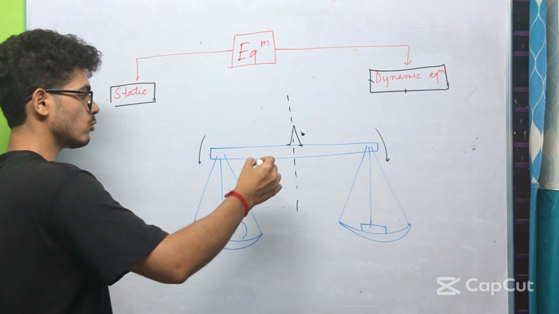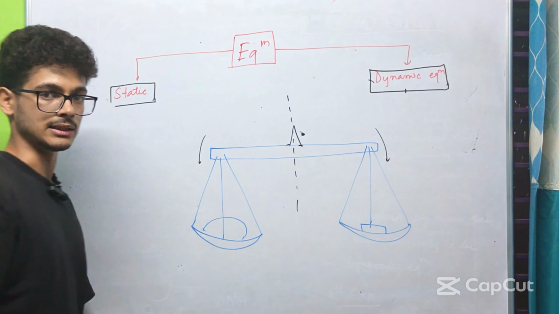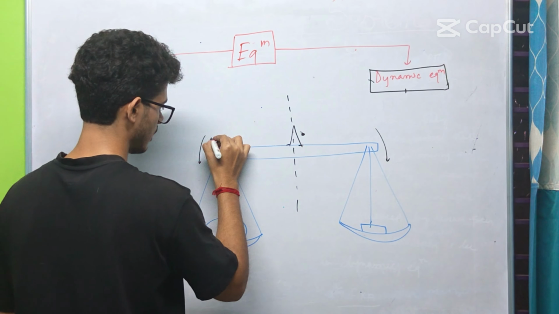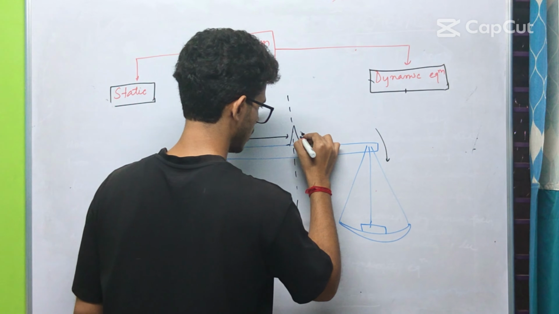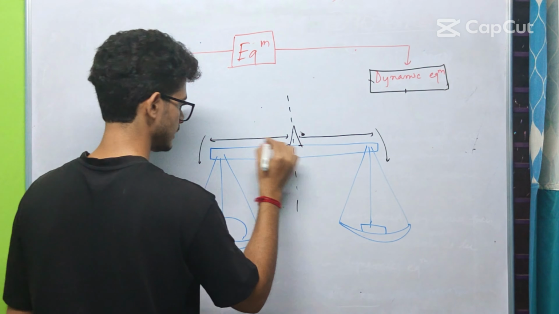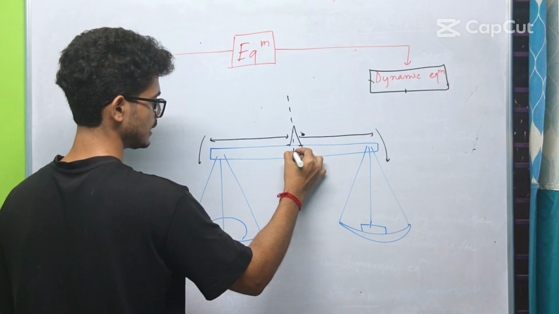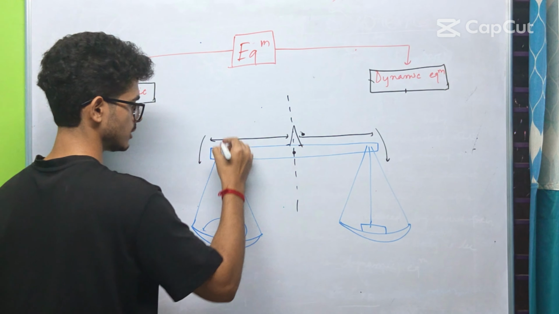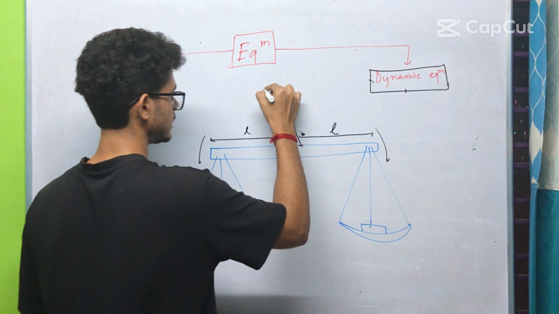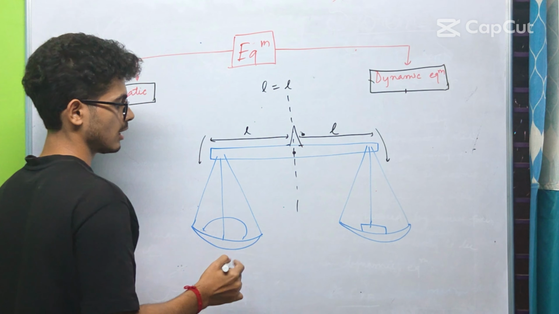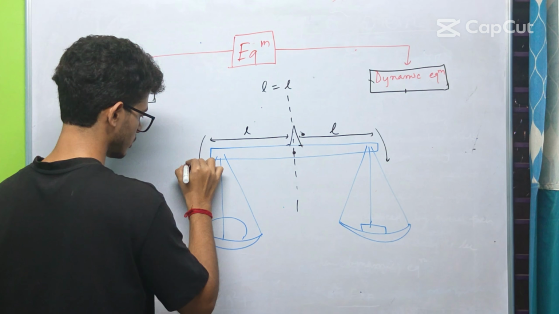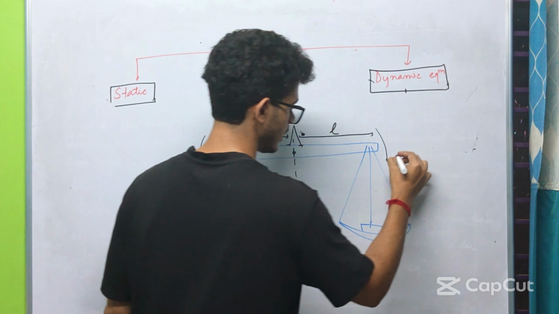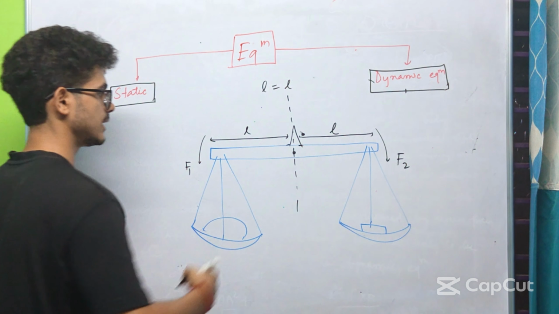So this is the main working principle behind the beam balance. If we want to analyze this with the moment of force, let's say this is the midpoint of the beam. Okay, so this distance and this distance is equal, and the force, let's say we put a force F1 and force F2 in this direction.